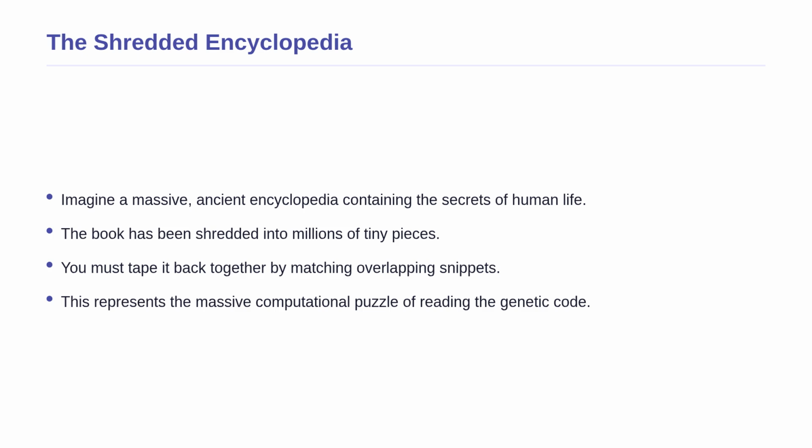You cannot just read it from start to finish. Instead, you have to look at overlapping snippets to figure out how the whole puzzle fits together. This is exactly the challenge scientists faced. It is a massive computational puzzle where the pieces are microscopic chemical letters, and solving it requires the perfect marriage of biology and computer science.